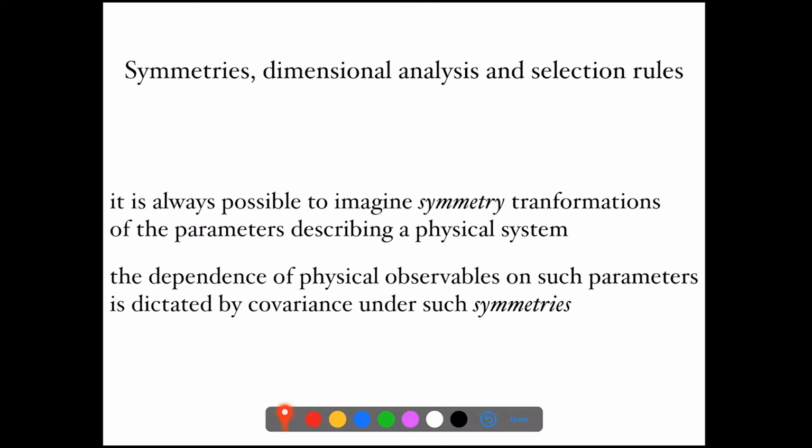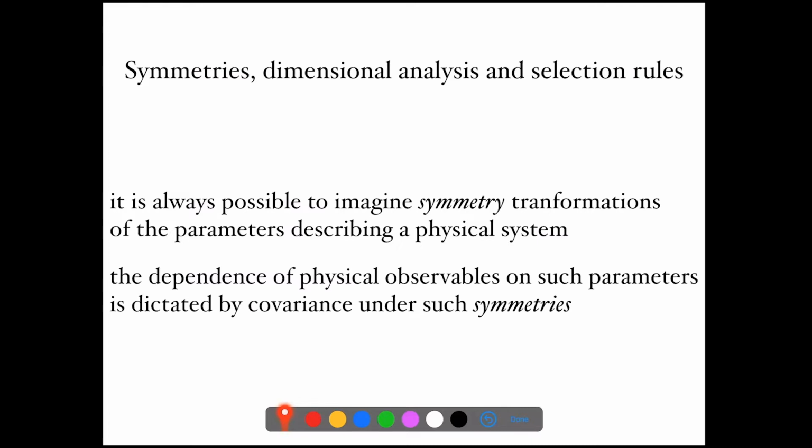This normally goes under the name of selection rules, but actually dimensional analysis, which you're very familiar with, is also a selection rule. Dimensional analysis is nothing but the selection rules of dilatations. I will show you in a moment.